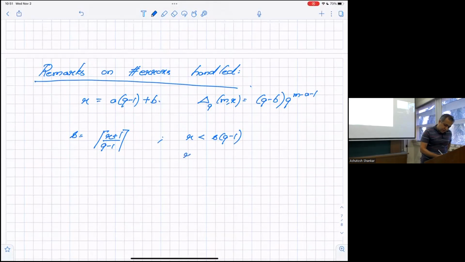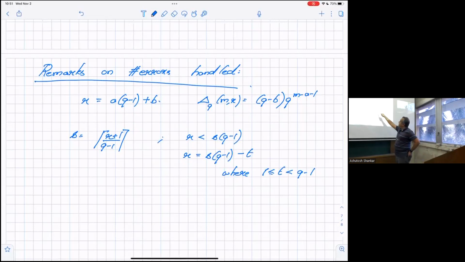And you can also notice that you can now write r is equal to s(q minus 1) minus t, where 1 is less than or equal to t less than q minus 1. So this expression is almost of that expression, except that this has a minus sign.